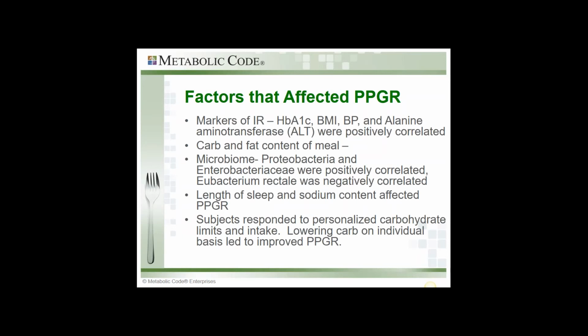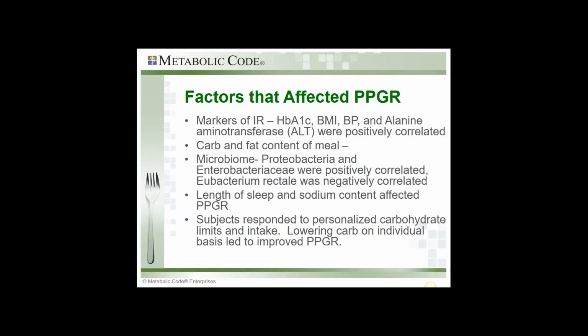So when people have a high hemoglobin A1C, elevated BMI, elevated blood pressure, and actually, this was an interesting one, a high ALT, which is a liver marker, that makes sense because when people have insulin resistance, they're not dealing with their glucose well. What happens? They tend to develop fatty liver. And from fatty liver, you can develop liver damage.